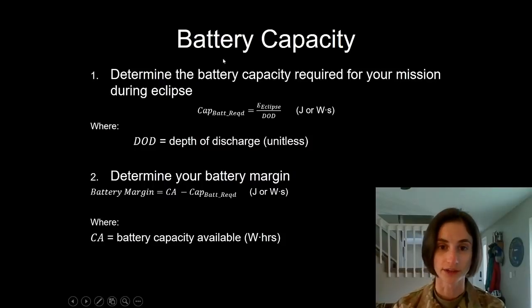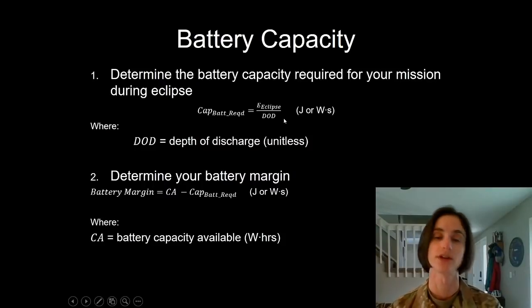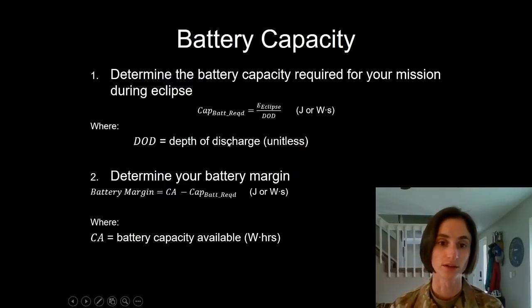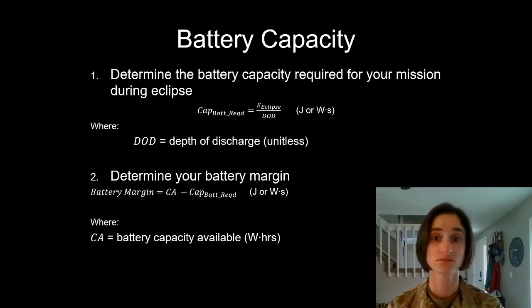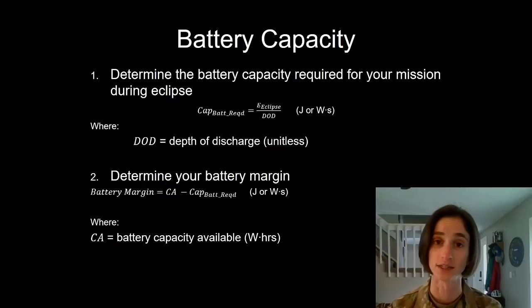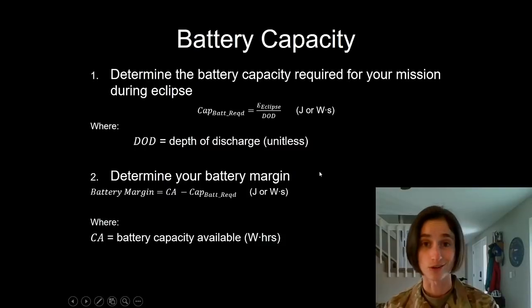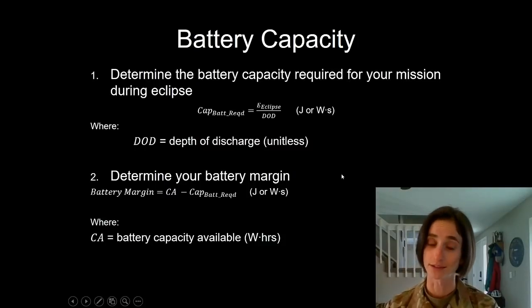I calculated how much was required, and it turns out I need 423 watt-seconds. Well, I'll put the 450 in right there, the 423 right there, and I end up with a battery margin of 27 watt-seconds. Which is good, that's positive, at least. You don't want a negative margin, or else you are out of luck. And that is all I have to say about that.